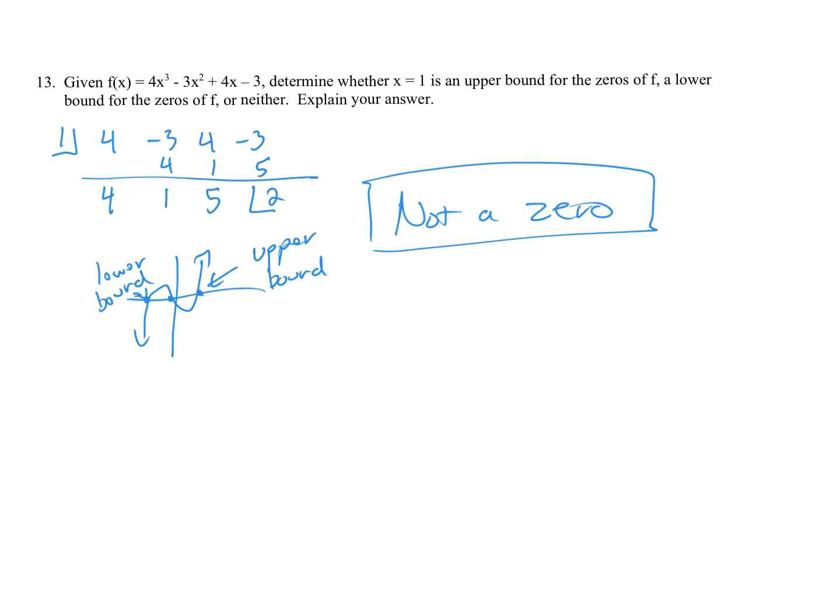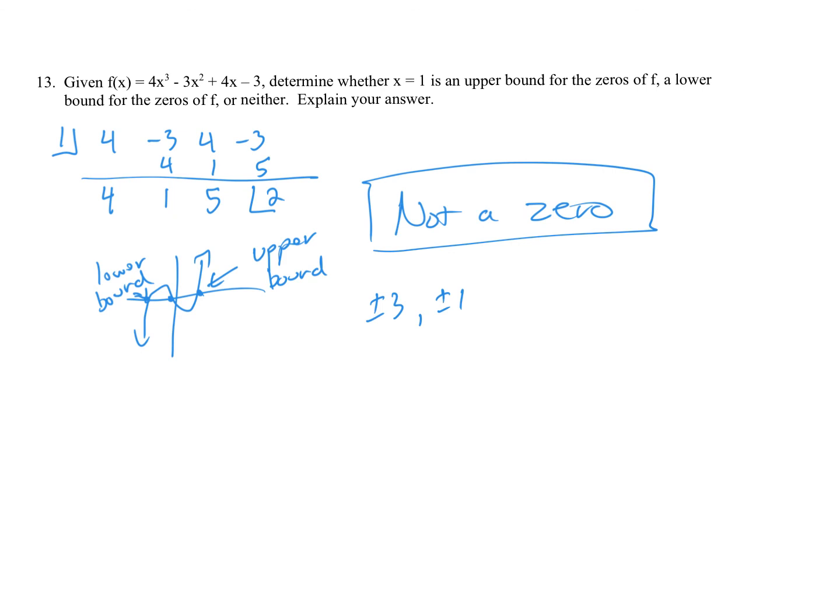In the case of this particular equation, the upper bound is the one that is going to be the biggest number, the most positive number. My factors, all my potential zeros, are plus or minus 3, plus or minus 1.